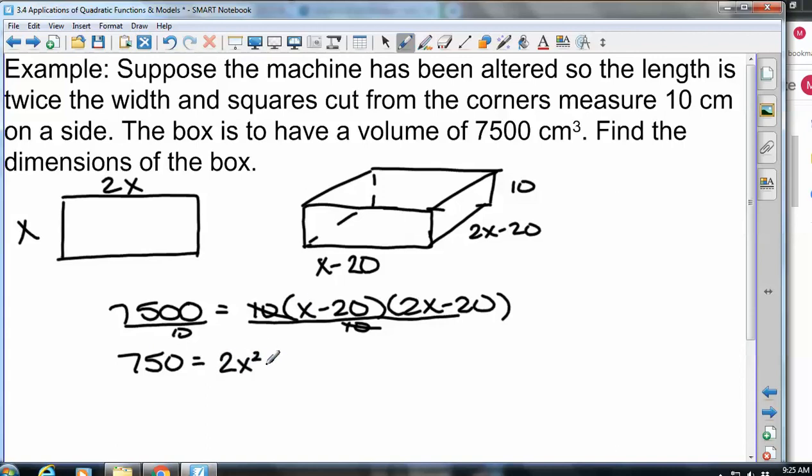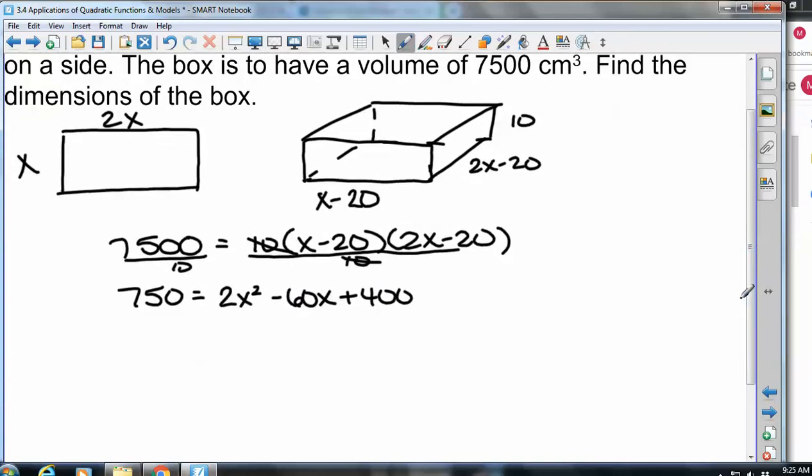I get 750 equals, if I go ahead and FOIL that out, 2x squared minus 60x plus 400. Then what?